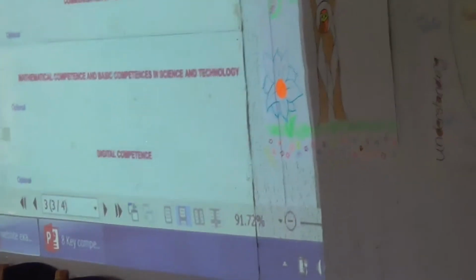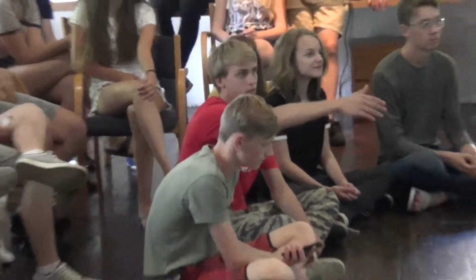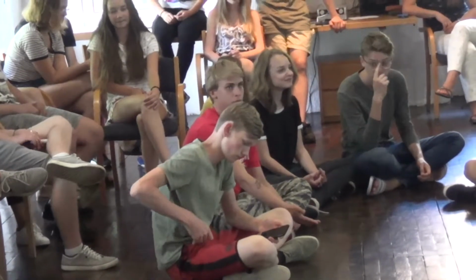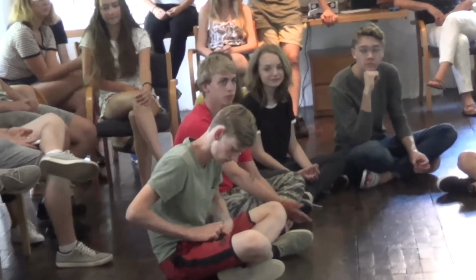The next part, there are the 8 key competences. For example, social and civic competences. Are these your competences, some of your key competences which are accepted by the EU and should actually matter when you're applying for a job?